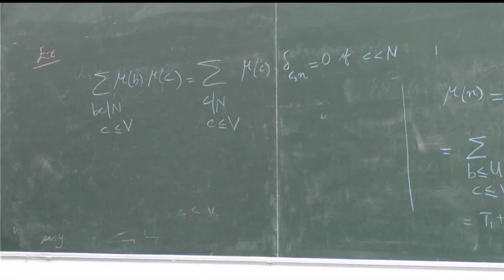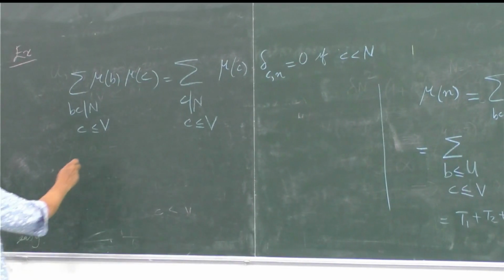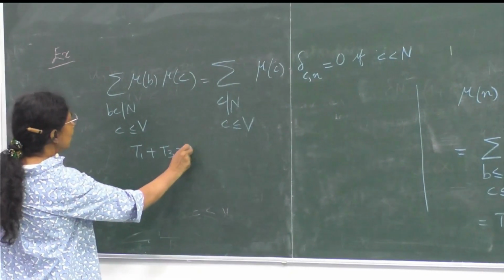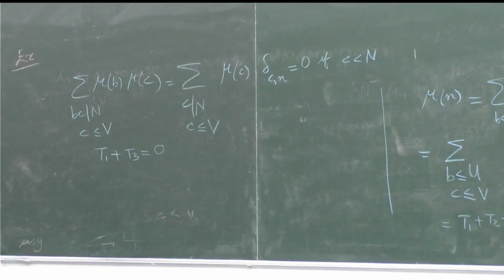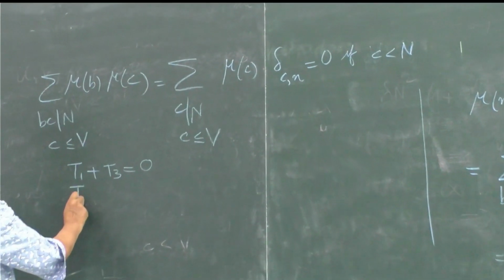N, exactly. Yeah. So that means that T1 plus T3 is going to be 0. Similarly, T1 plus T2 is also 0.